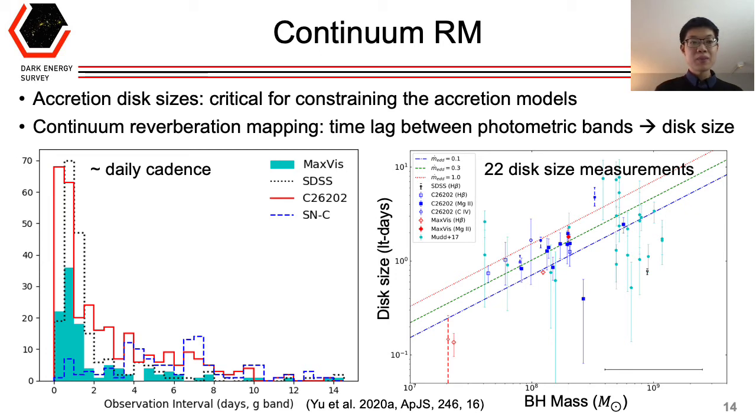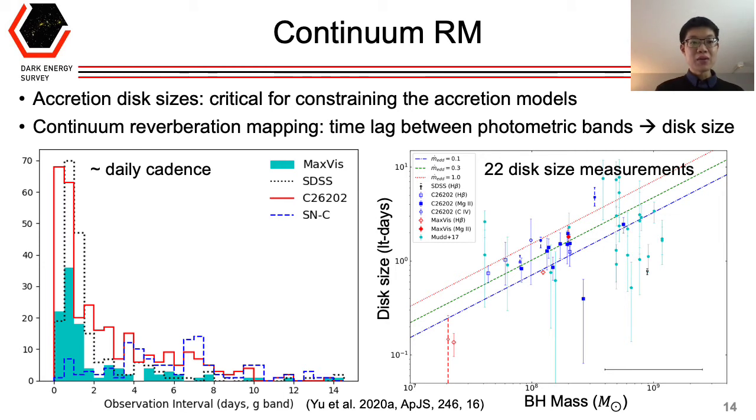In this case, the time lag between the variation of different continuum bands corresponds to the light travel time from the inner to the outer disk, and therefore indicates the disk size.